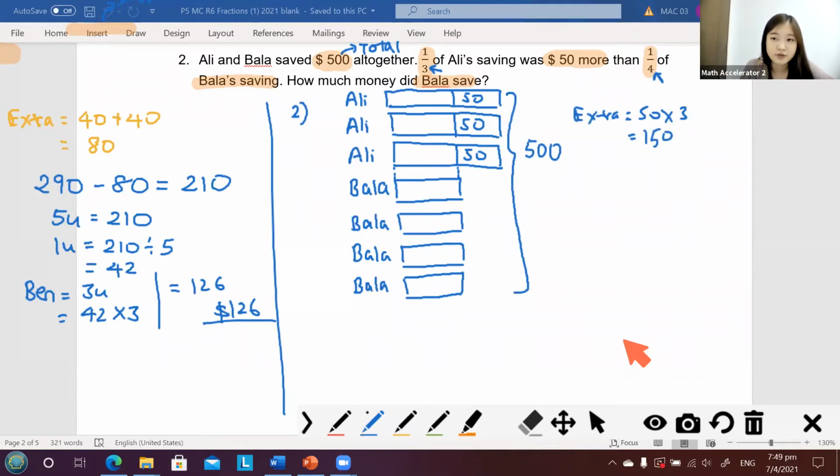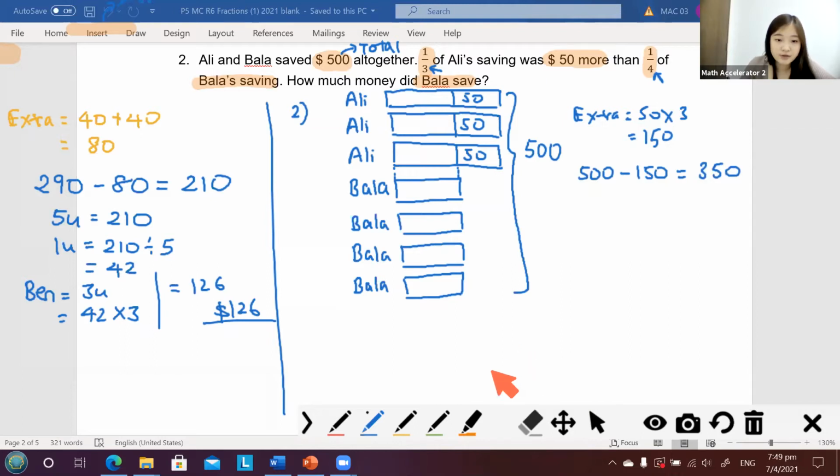Yeah, 150. Okay, so what do you do with the extra? Remove it. Okay, we don't want the extra. So 500, take away, okay, subtract the 150. What will this get you? Okay, 350.